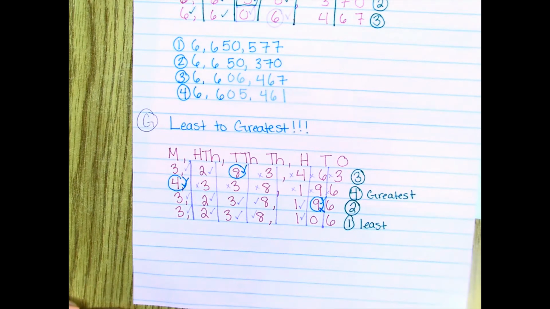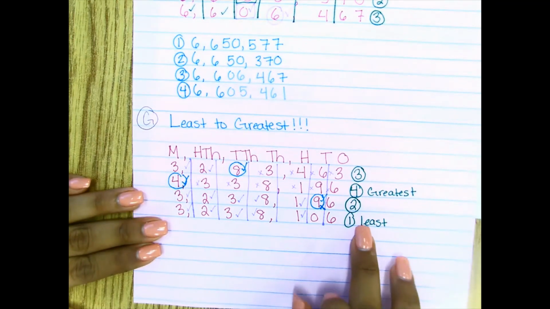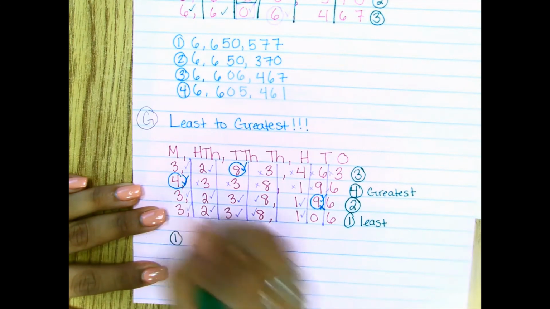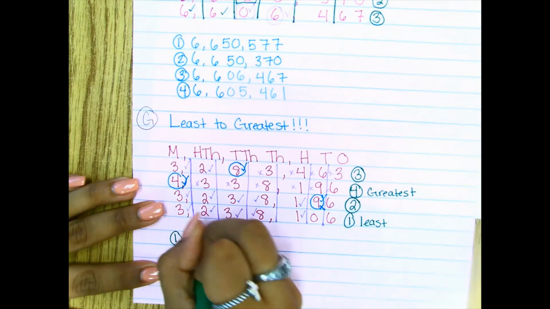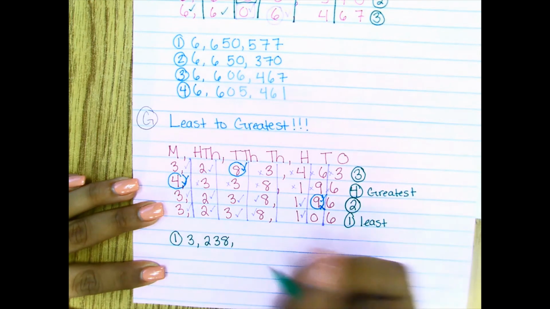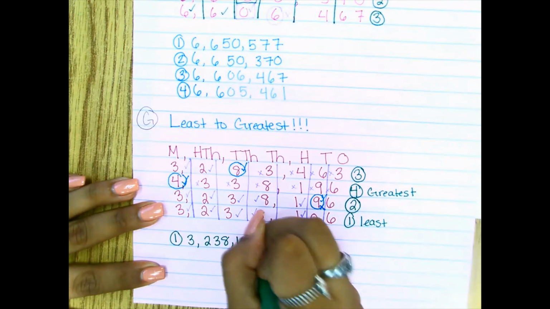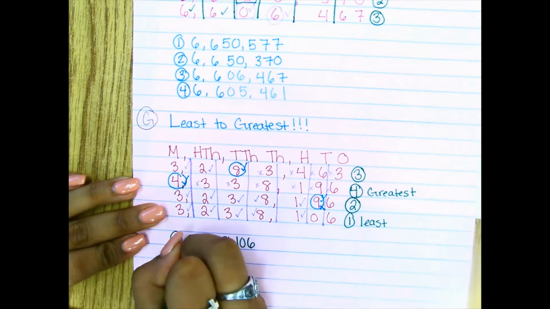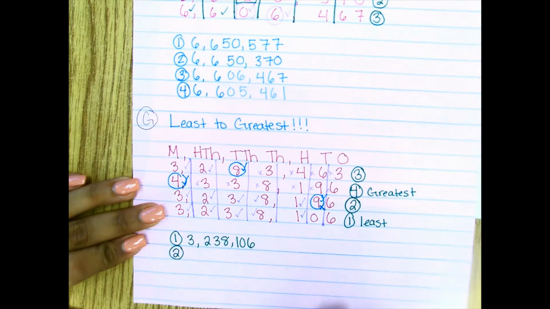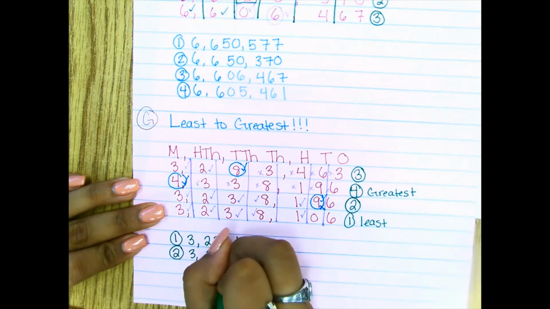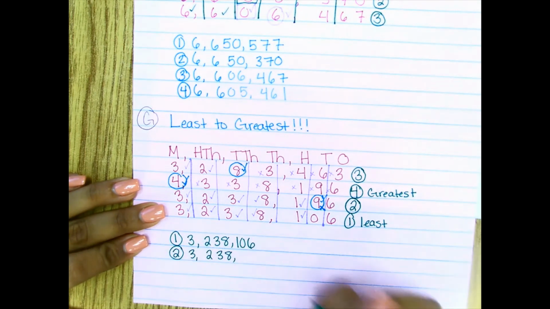So I'm going to start off with number 1, because I'm going from least to greatest. So my number 1 is 3,238,106. Now my second one is 3,238,196.